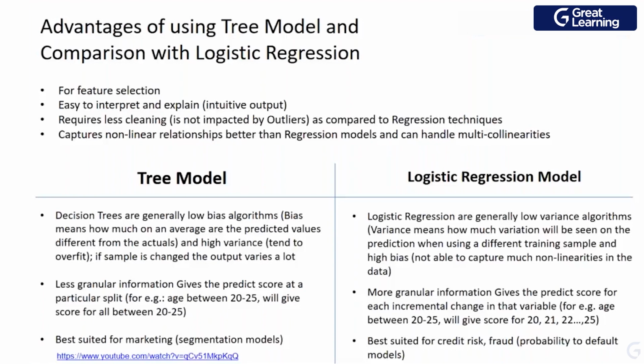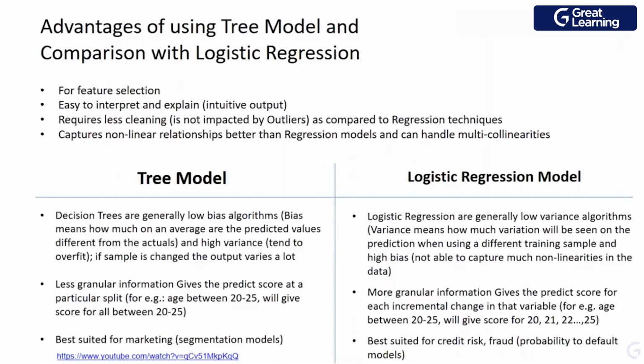This is the nature of the tree model, whereas with your logistic regression model, even if you change the training sample, the output will not vary too much. Hence it's used a lot in financial services organizations, because when you're trying to predict at a very granular level, it's a good idea to use a logistic regression model.